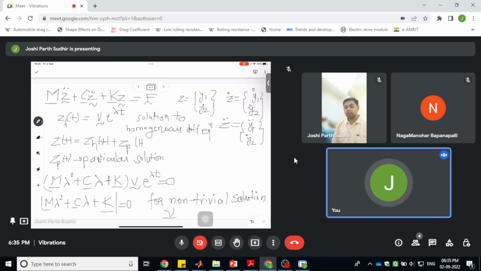So when we multiply the mass matrix by lambda square, then the damping matrix by lambda, and add the stiffness matrix, if we combine these together, we get our characteristic equation.